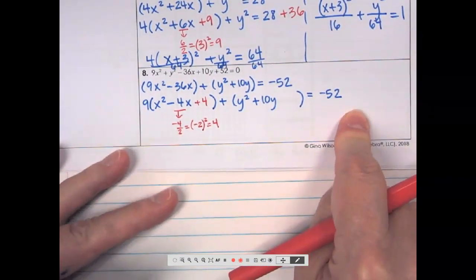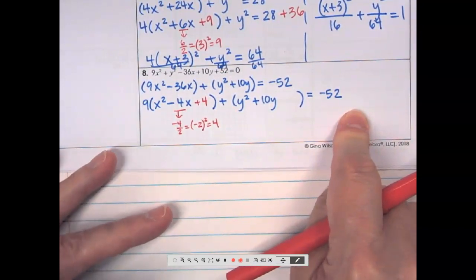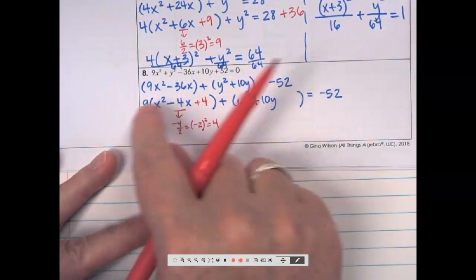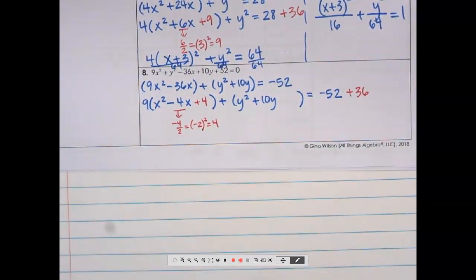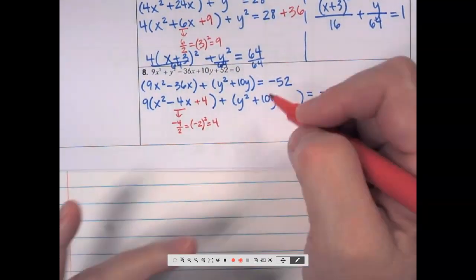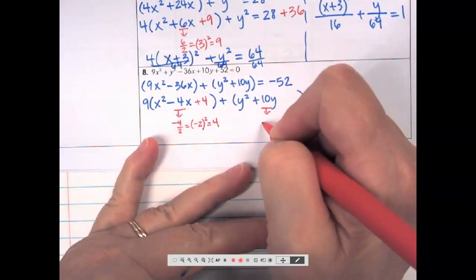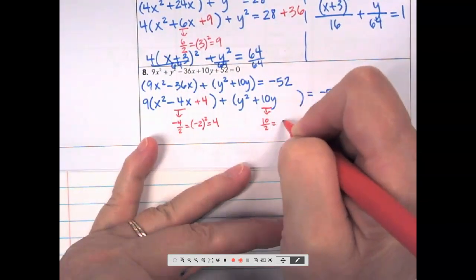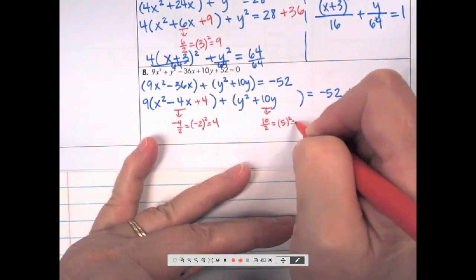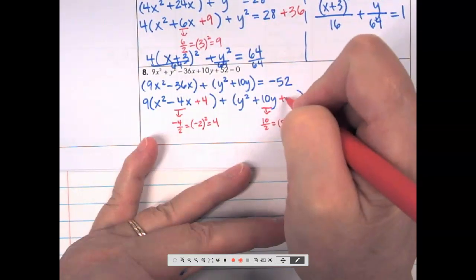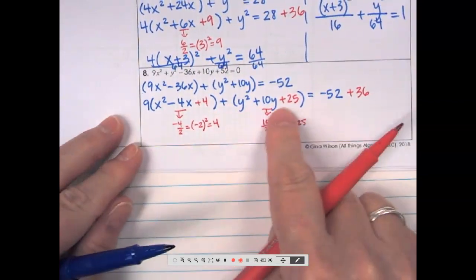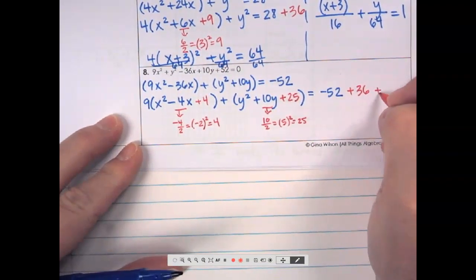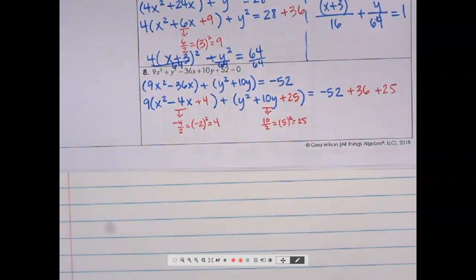But what am I going to add to the right? 36, because that 9 times 4 was really adding 36 to the left. Okay, I'm going to take half of 10. 5 squared is 25. But I didn't factor a number out of these, so I really did just add 25. So I add 25 to the right.